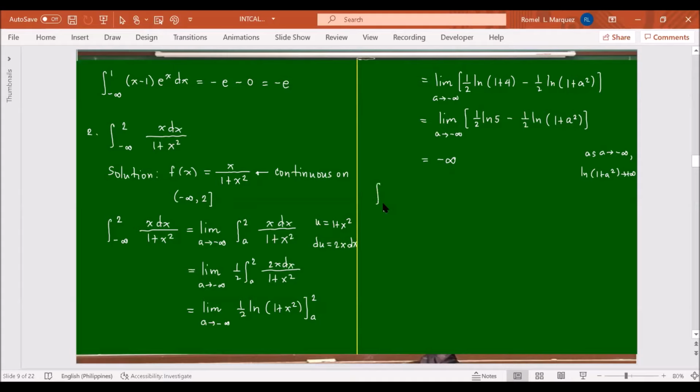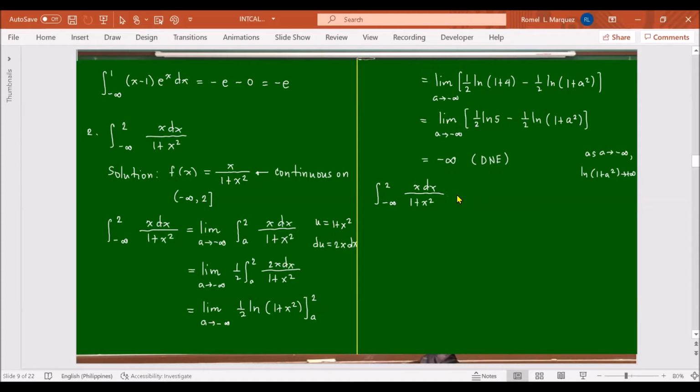So again, the integral from negative infinity to positive 2 of x dx over 1 plus x squared is equal to negative infinity, which means it is not a finite number since the limit does not exist, or that is negative infinity.